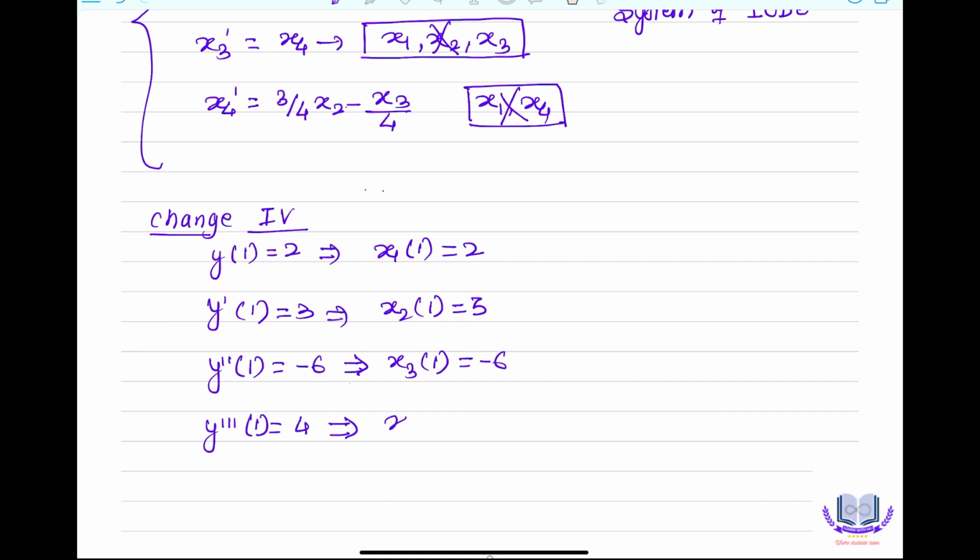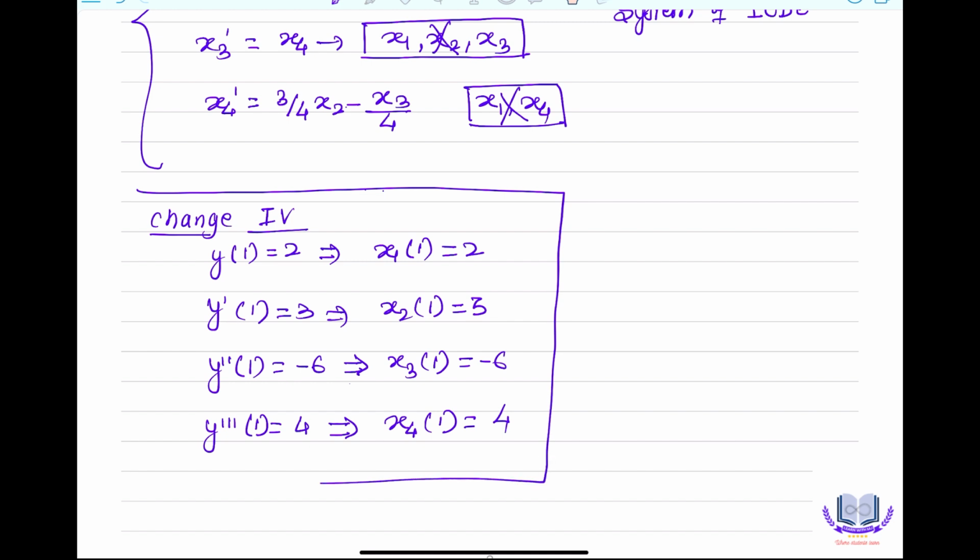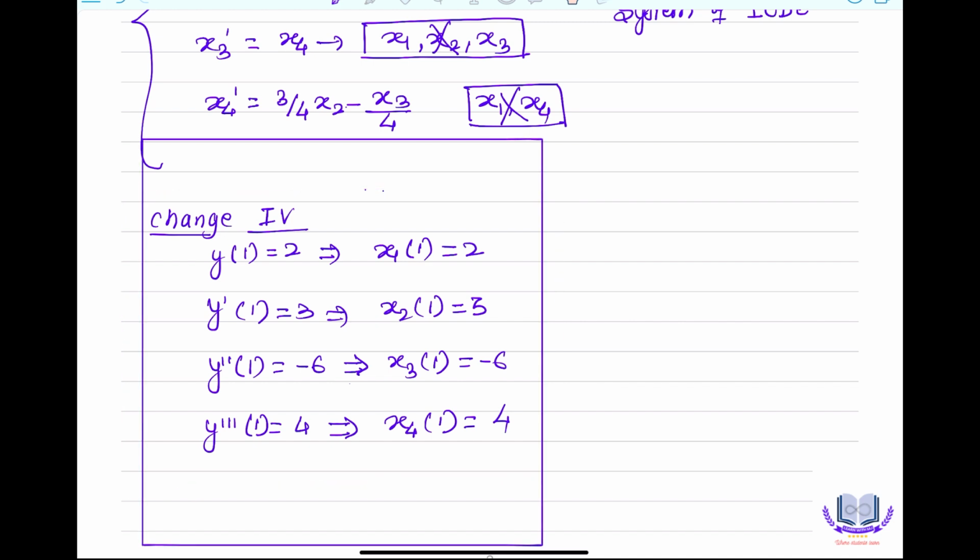So we have x4 at 1 is 4. This is your entire system of equations. Okay, so this is how we can convert nth order into first order and initial values into the new form of initial values. Thank you for watching.